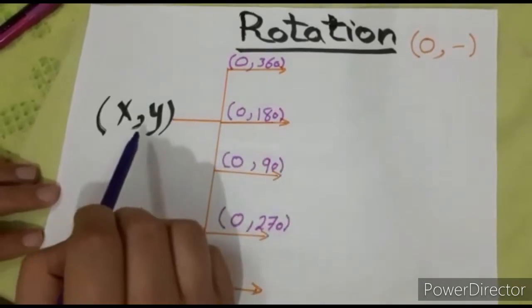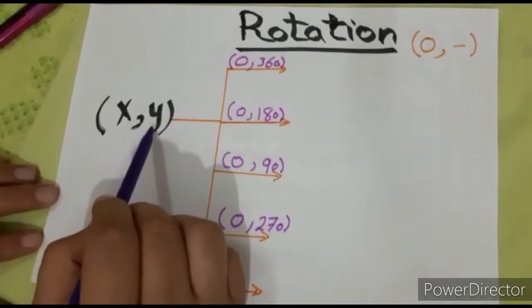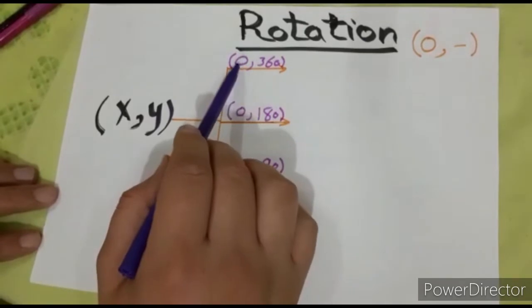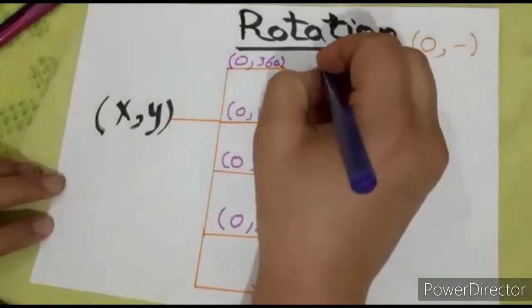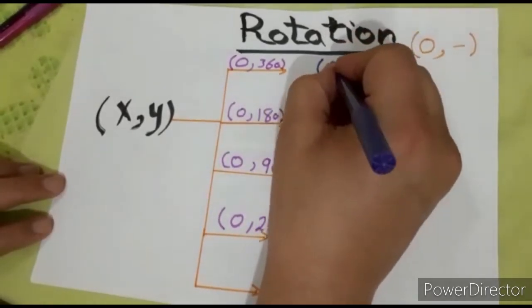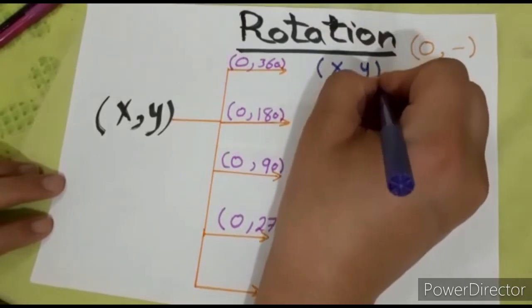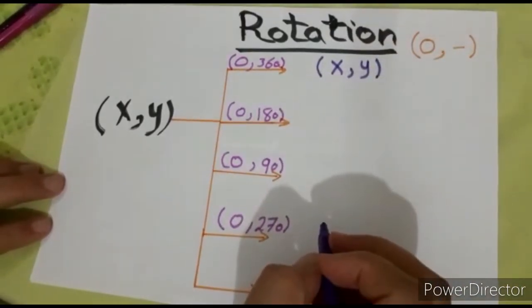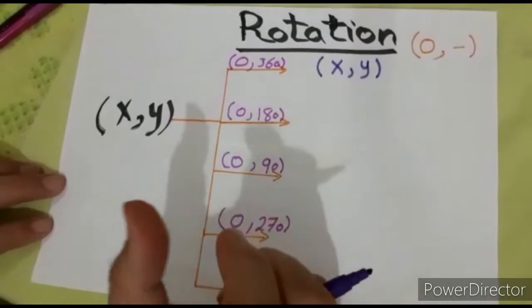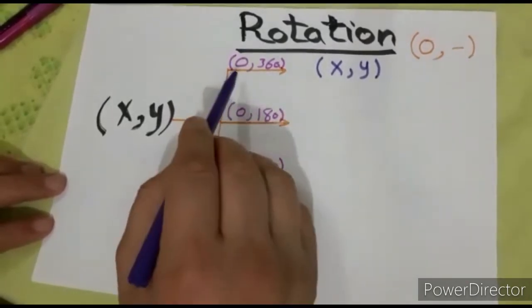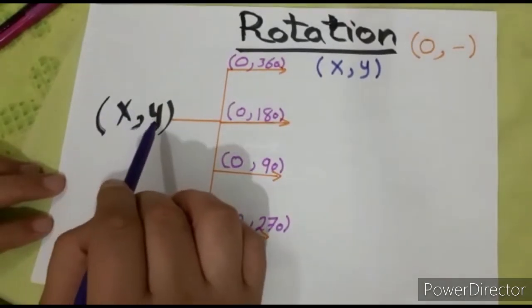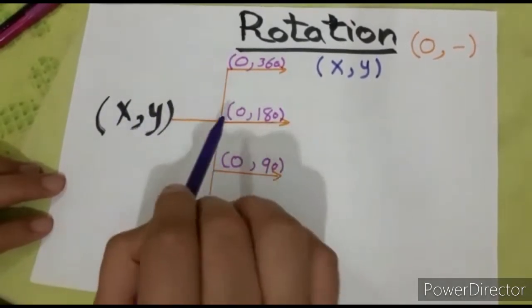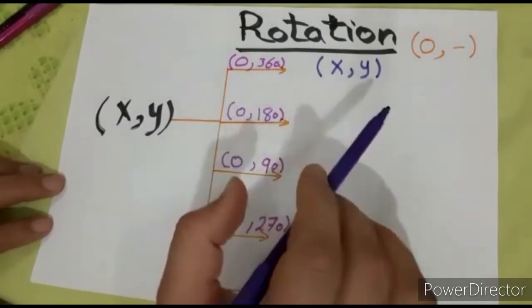First, if we have any point X and Y, by rotation O, origin point, and 360 degrees, the image is X and Y. It means what? It means when the rotation is O and 360, the point X and Y doesn't have any change.